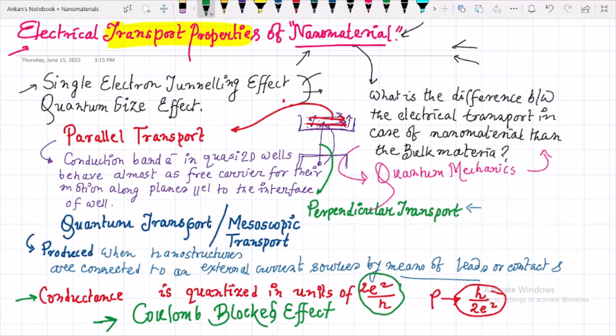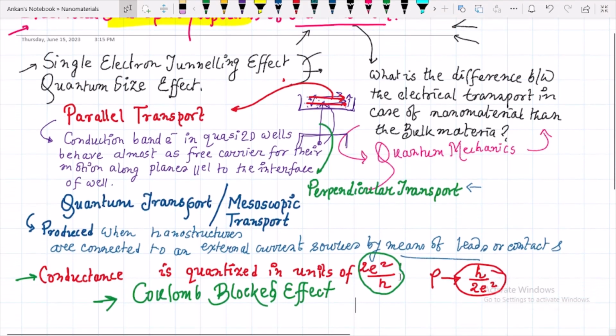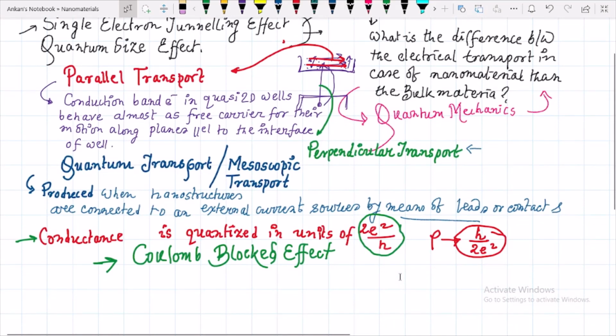Okay, so next we have to discuss the different carrier transportation processes in nanostructures.